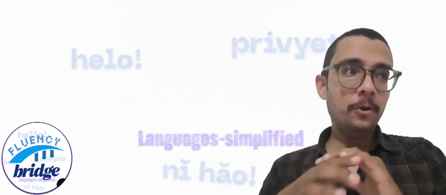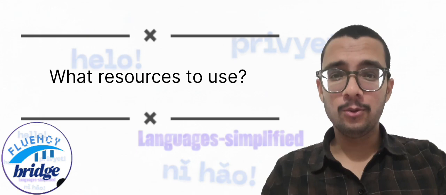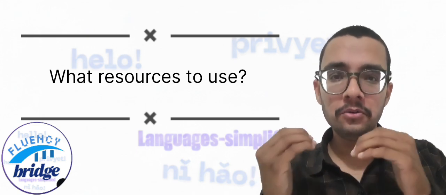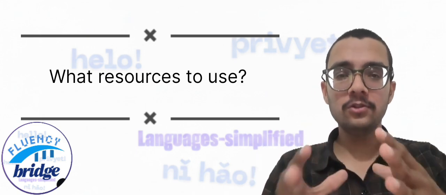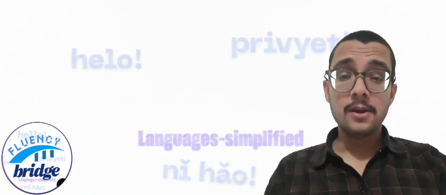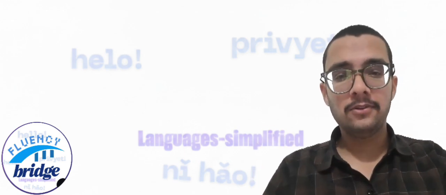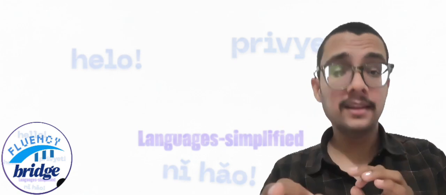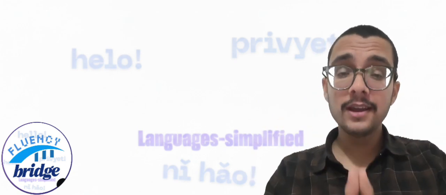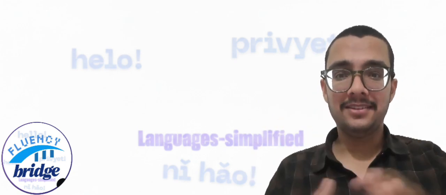Now, for reading, which resources should you use? Like, if you want to learn to read in Russian, what resources should you use? Duolingo is very bad for all other aspects of the language. But on learning how to read, that is where Duolingo shines.